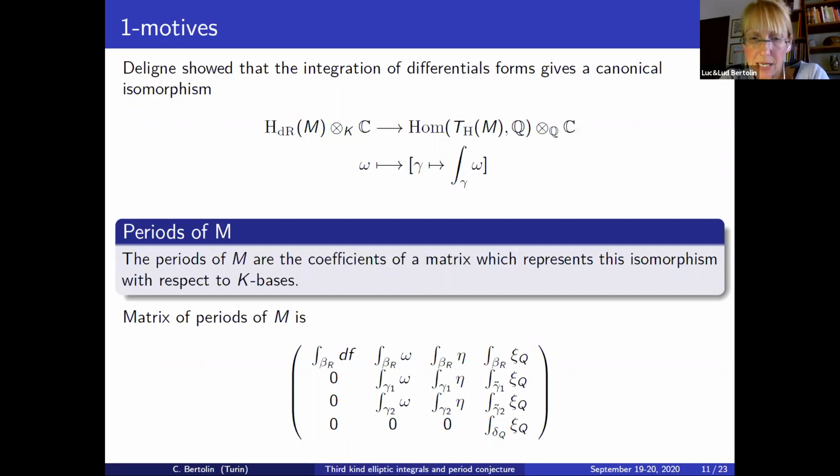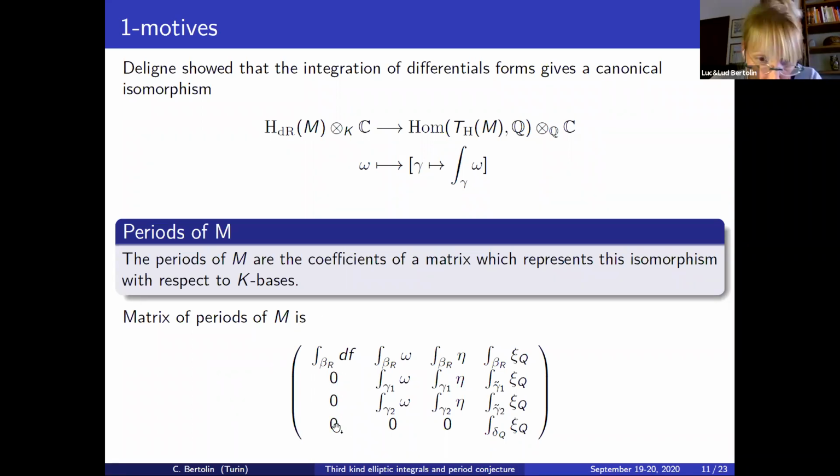The first line is all the integrals along beta R. Beta R was the path from 0 to R. And you compute the integral along this path with all the differential forms that we have, df, omega, eta, and xq. Then we have to integrate along gamma 1 omega A times CQ, along gamma 2 omega A times CQ, and we integrate along delta Q CQ.